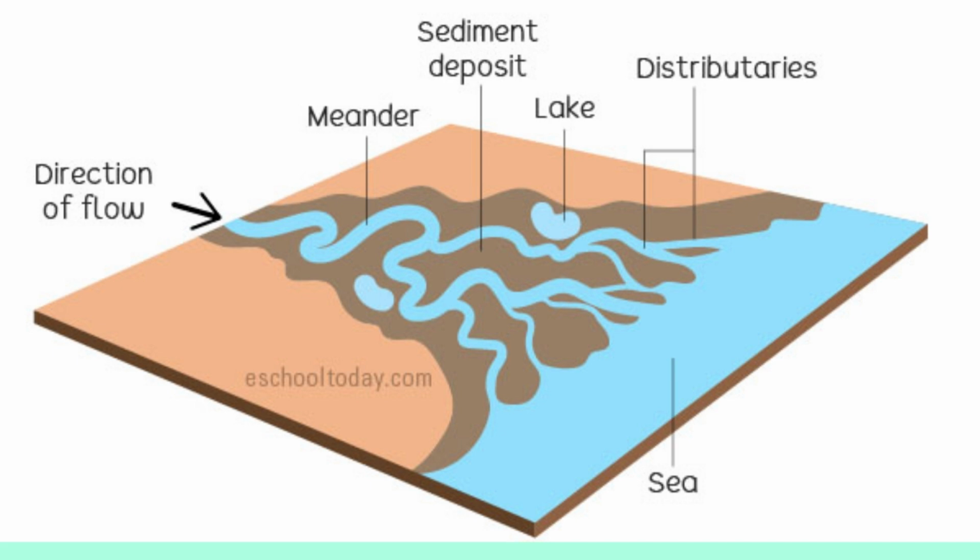Now, in the last video, we talked about a number of fluvial landforms. One fluvial landform which is formed along the coast is called a delta.